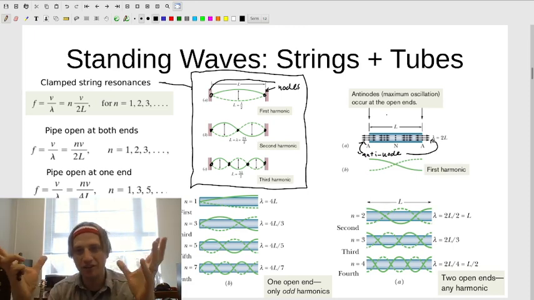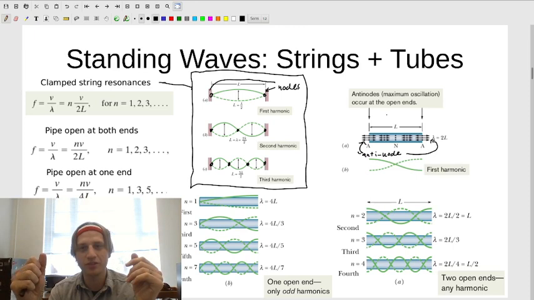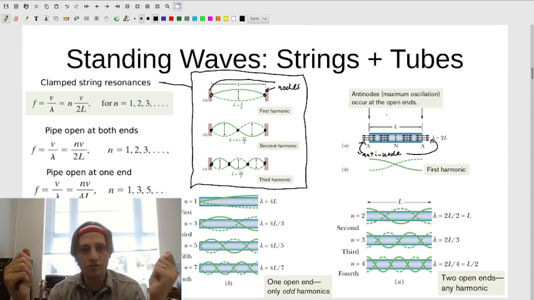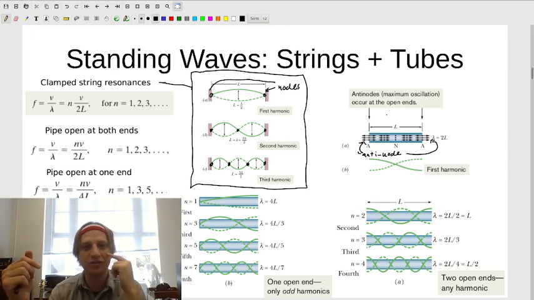You know, the air is not closely packed together, so it takes some time for the oscillations to be transferred from one part of the air to another. But in the string, all of the material is nice and tightly compacted, so it's easy for the disturbance to travel through it.